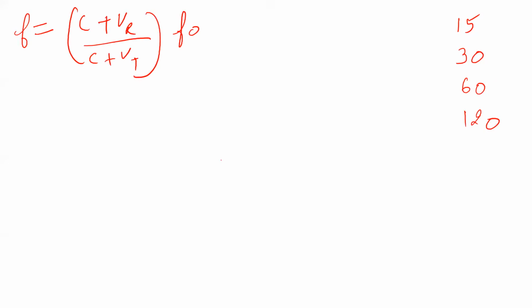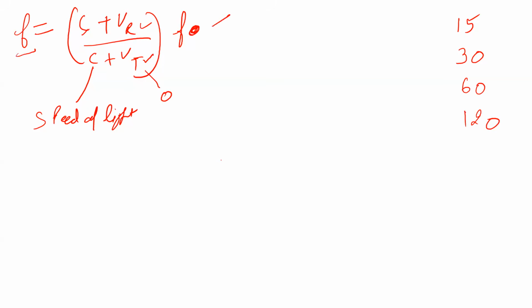So the speed of light is fixed, speed of receiver is fixed, and speed of transmitter is fixed, and the transmitter is never moving, so transmitter speed is always 0. So the higher this frequency F0, the higher the Doppler shift.